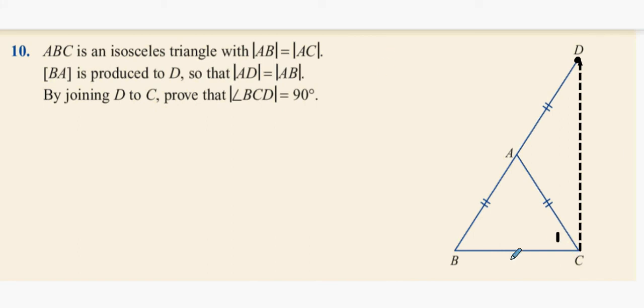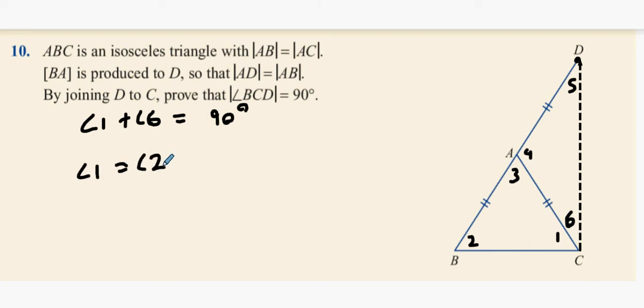So I'm going to call this angle 1, I'm going to call this angle 2. And we call this angle 3, angle 4, angle 5, and angle 6, right? And I want to prove that angle 1 plus angle 6 equals 90 degrees. Okay, first thing I'm going to start off with is angle 1 equals angle 2 because it's an isosceles triangle.